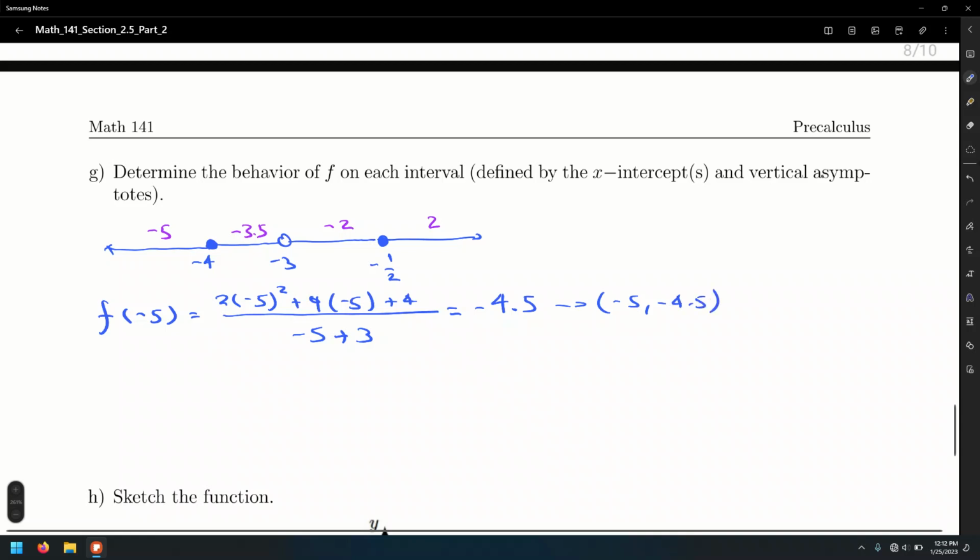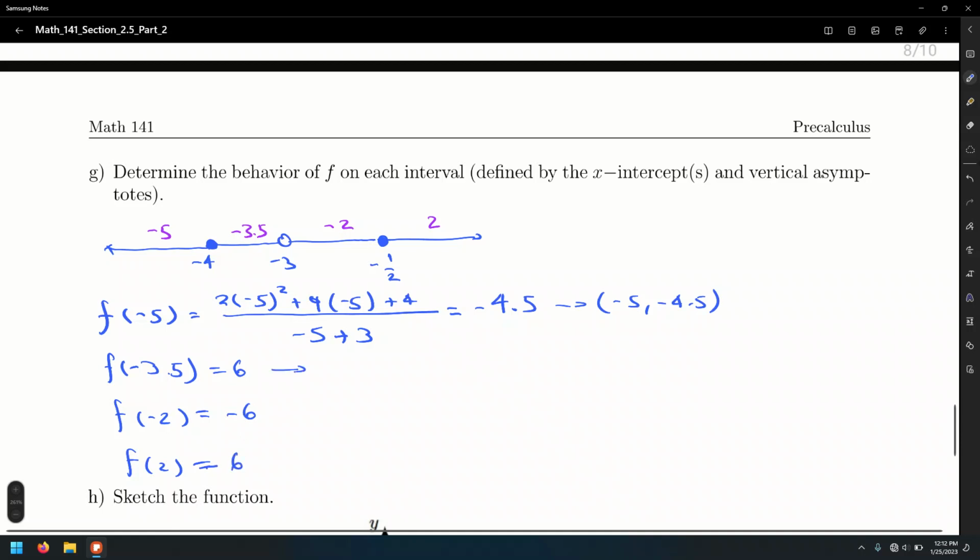We're going to do essentially the same with the remaining test values. That is f of negative 3.5, f of negative 2, and f of 2. In each case, the outputs we obtain are 6, negative 6, and another 6.